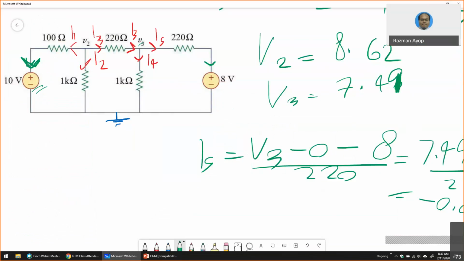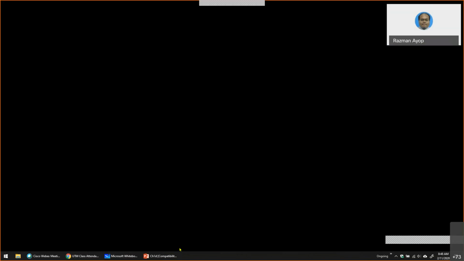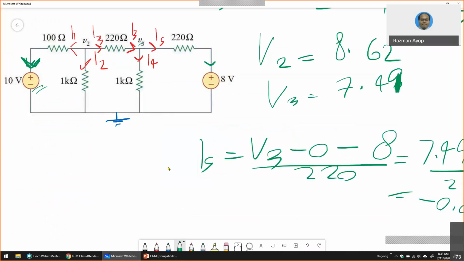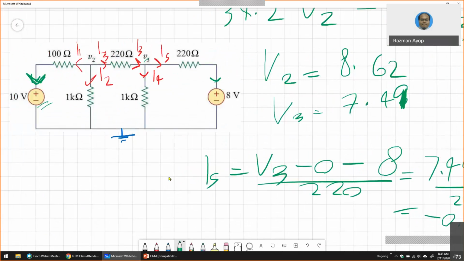So we can take a break first. Doctor, can I ask why just now the I4 no need to deduct? Because at I2 got minus 0, but at I4 don't have minus 0.